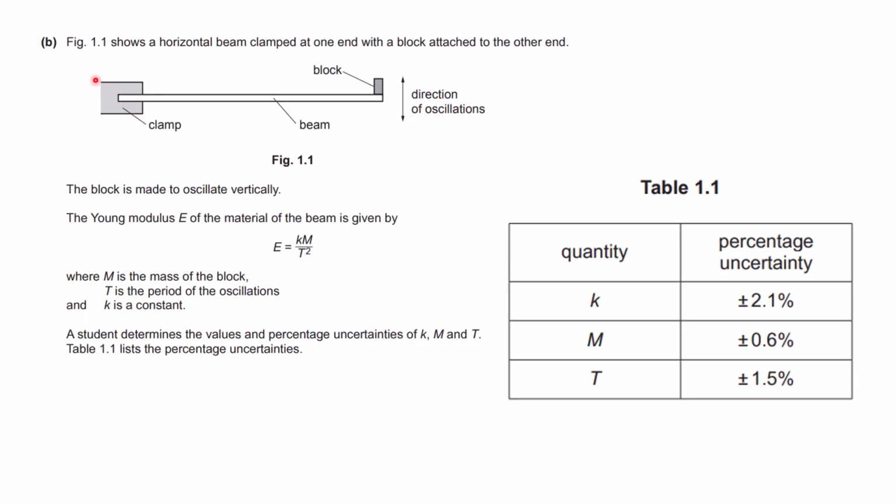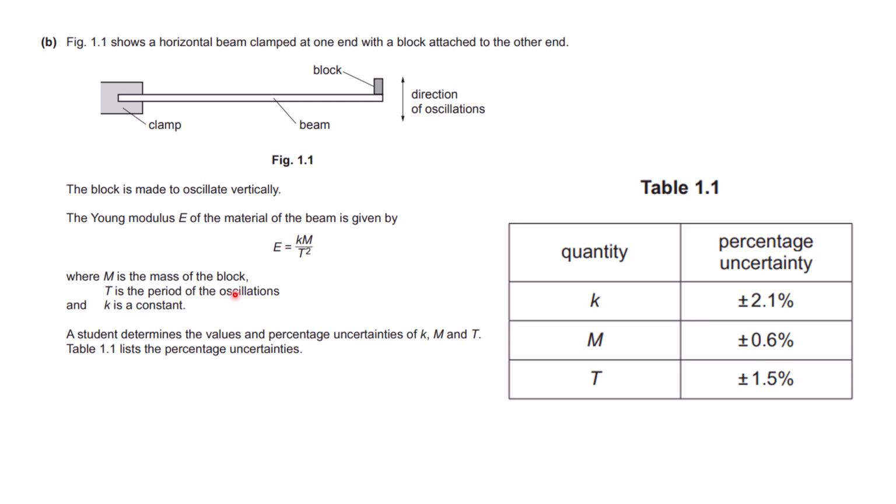Question 1b. The figure 1.1 shows a horizontal beam clamped at one end with a block attached to the other end. The block is made to oscillate vertically. The Young modulus E of the material of the beam is given by this formula.